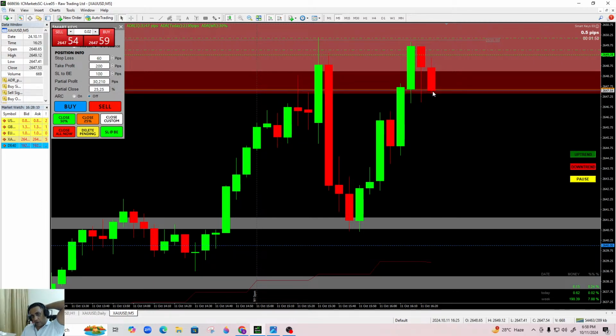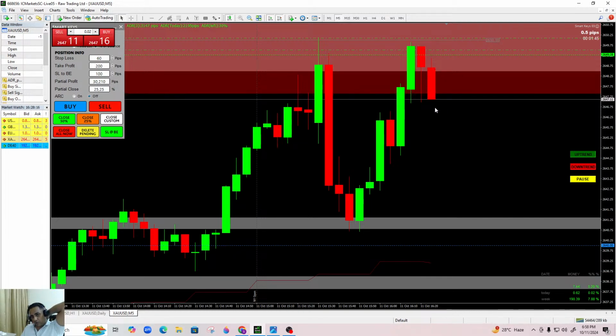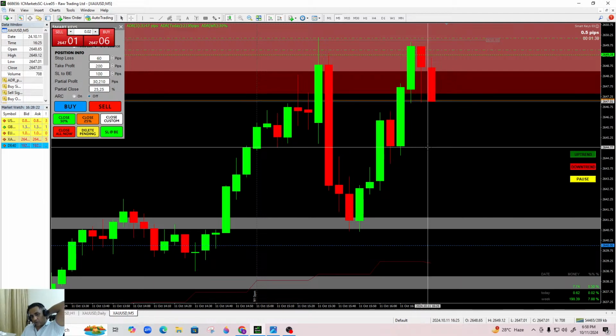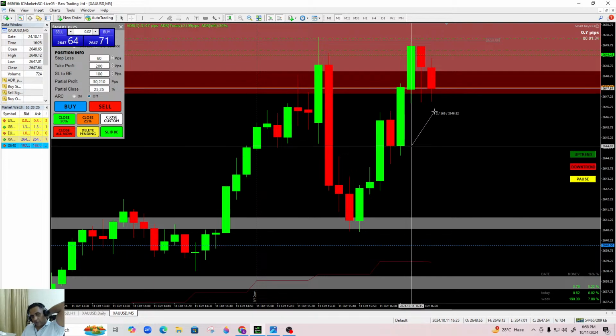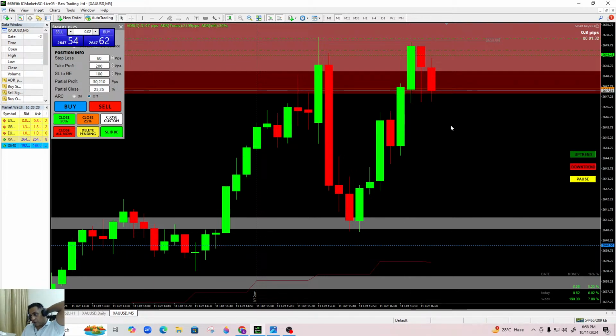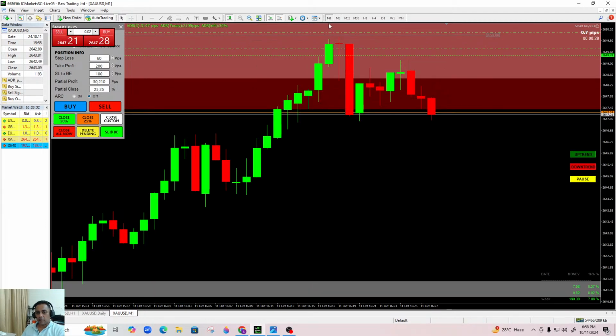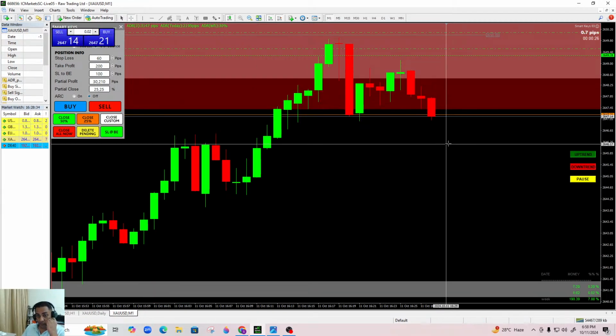The 5-minute candle has to close below these wicks to continue. There's nothing happening right now. We're just ranging.